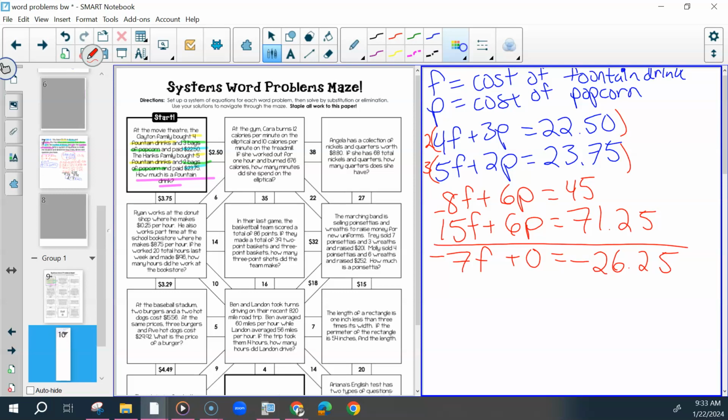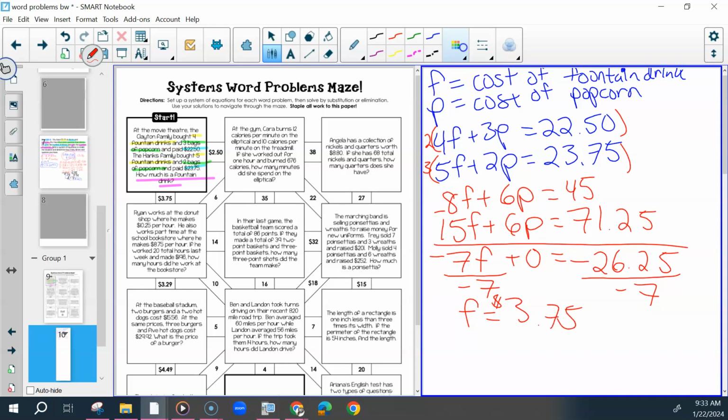We have negatives on both sides, so we're good so far. Divide both sides by -7. And what is the cost of a fountain drink? $3.75.